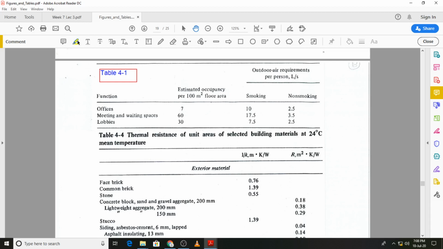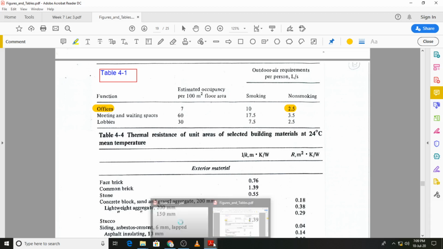So obviously we have an office space, and inside the office space we again have 2 options, whether it's a smoking environment or non-smoking environment. Because we are told that the environment is non-smoking, we have an outdoor air requirement for ventilation of 2.5 liters per second per person. To find the total ventilation requirement, we have to multiply this value by the total number of people in the conditioned space, that is 40.